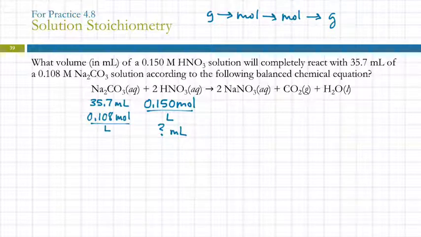But here I want milliliters at the end, and I've got milliliters at the beginning. This is like when we did the mass problem where we had kilograms at the beginning and kilograms at the end. There's different ways to deal with that prefix being in there. I'm going to do what I did before. I'm going to set the milli aside and then just pull it back in later.